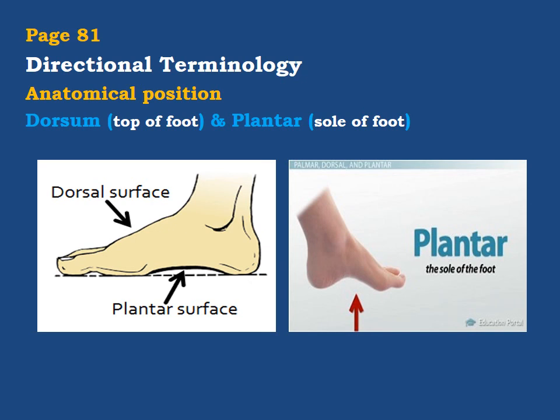Look at dorsal surface in the first figure. It means dorsum, which is the top of the foot. We call it dorsum. The bottom of the foot or the sole of the foot, we call it plantar. Okay, we call it plantar.